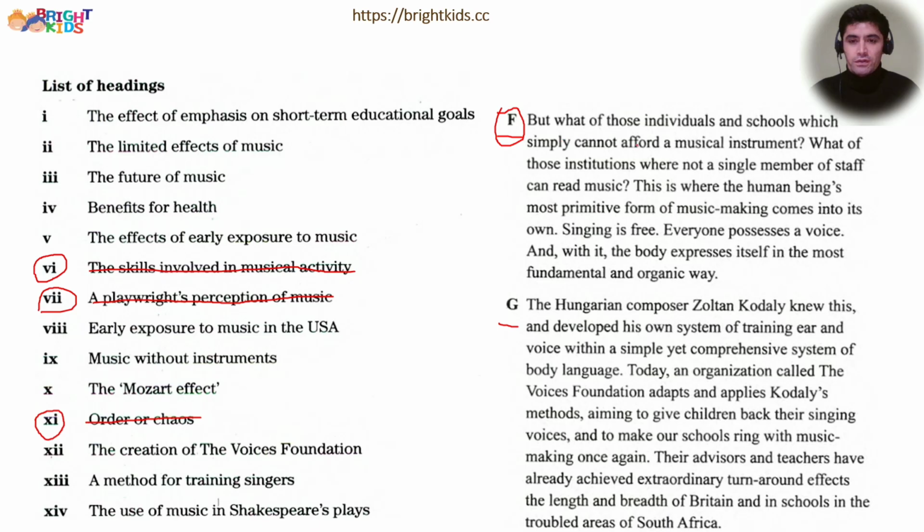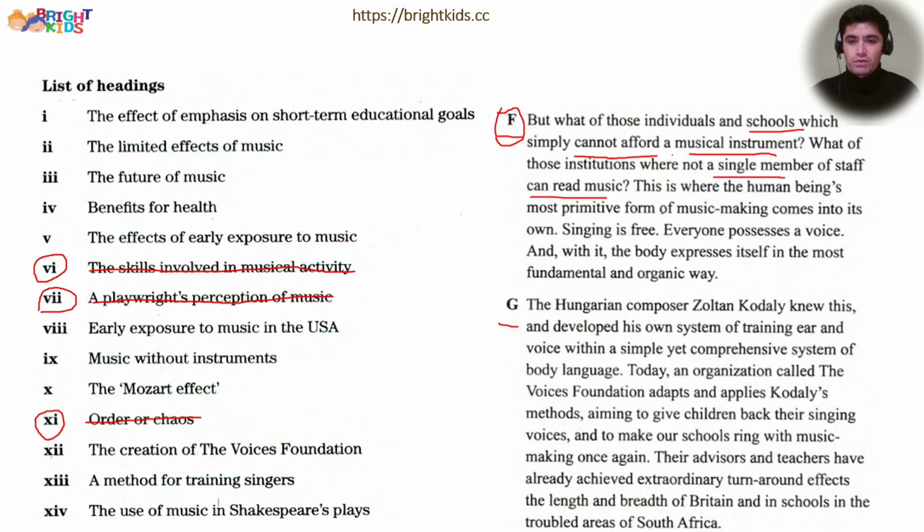But what of those individuals and schools which simply cannot afford a musical instrument? So let's underline the keywords here. What of those individuals and schools which simply cannot afford a musical instrument? What of those institutions where not a single member of staff can read music?